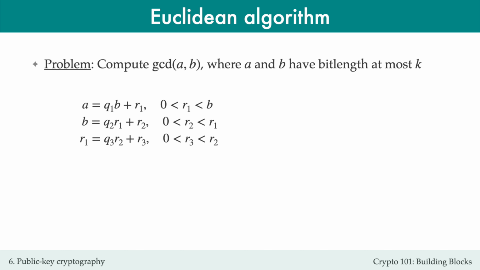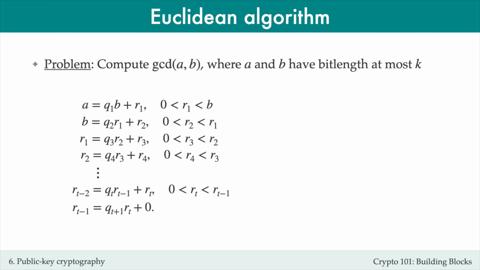You continue dividing the previous divisor by the previous remainder to get a new quotient and a new remainder until you get a zero remainder. Then the GCD of a and b is the last non-zero remainder that was encountered. Euclid's algorithm terminates because the remainders are a strictly decreasing sequence of non-negative integers and so must eventually reach zero.